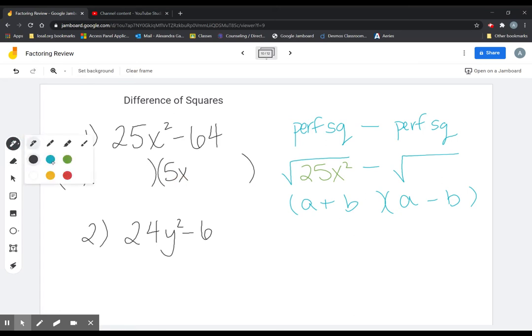And then we're going to take the square root of 64. That'll give me 8 and 8, and we just want plus and the minus.